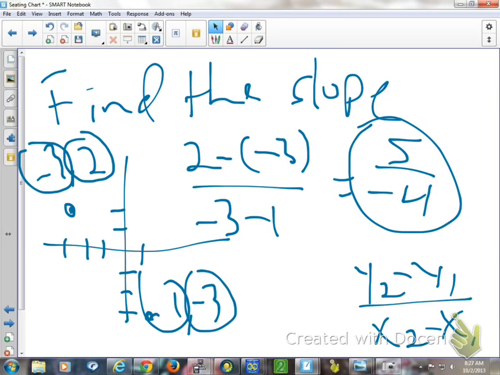That was number 1. Questions? It is positive 5. It's 2 minus negative 3, which changes that to a plus 3.